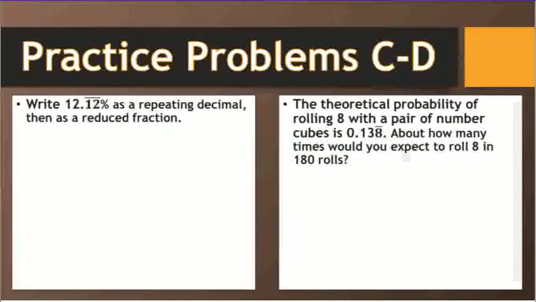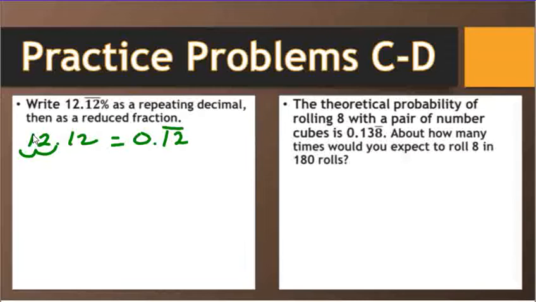And our last slide, write 12.12% as a repeating decimal. So again, just like that last one, 12.12 divided by 100. That gives us 0.12 with the 12 repeating. Now change that to a fraction. So x equaling our repeating decimal, 0.12 repeating. 2 digits are repeating, so multiply that by 100.